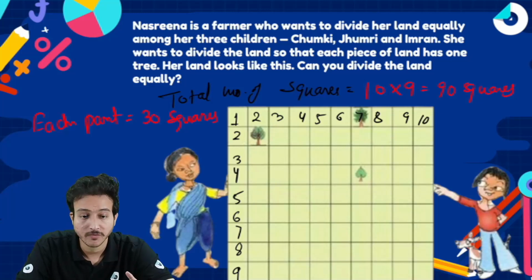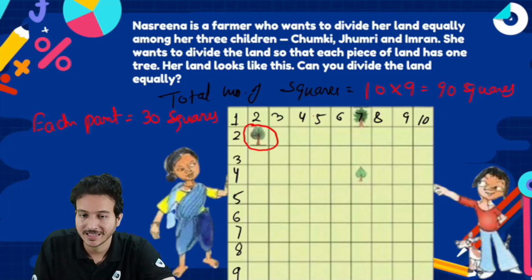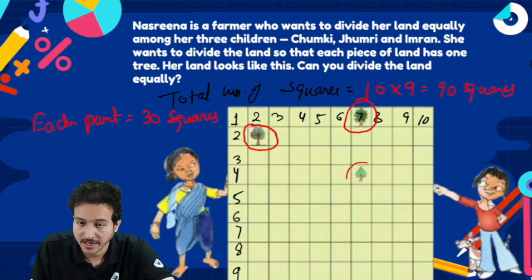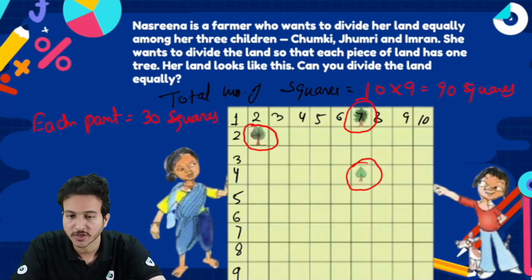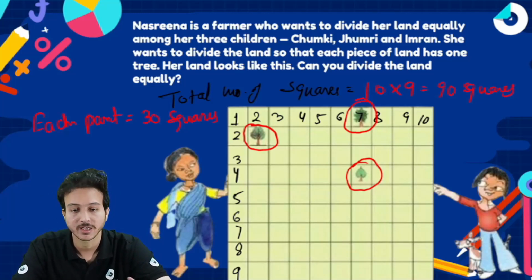First we will divide these 3 squares, because these 3 squares contain the trees she wants to give to each of them. Then the remaining can be divided so that each of them gets an equal number of squares, that is 30.